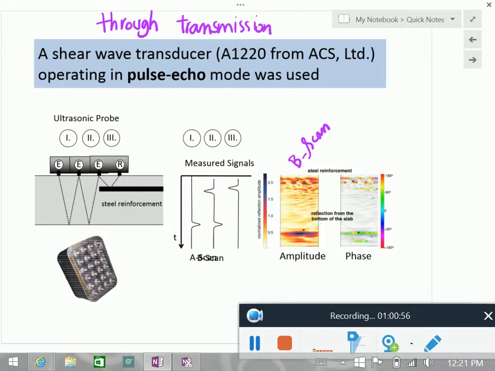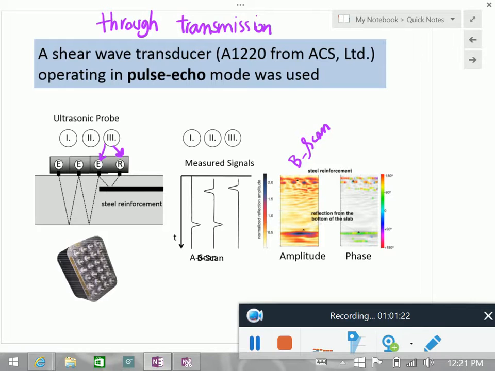Here, it's a different method. This is called a pulse echo method because you have your emitter, that's another name for sender, and receiver both on the same side. So the wave goes in, comes back, and gets received.